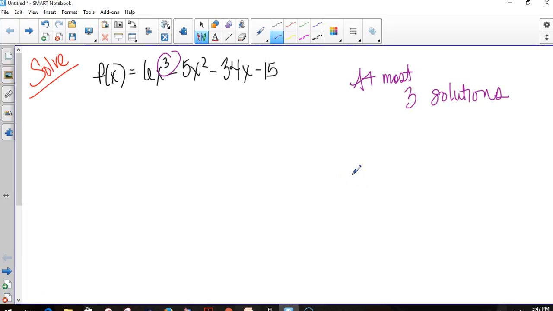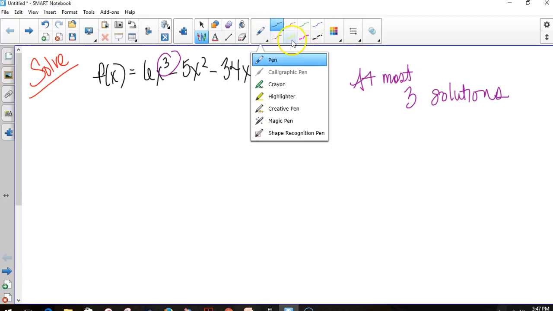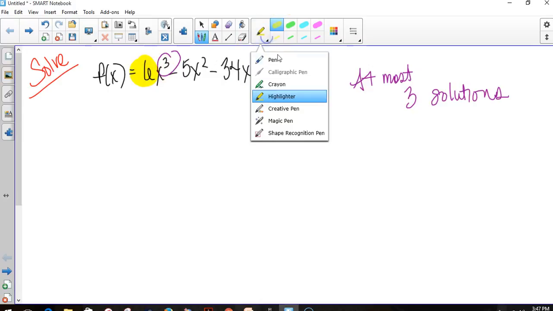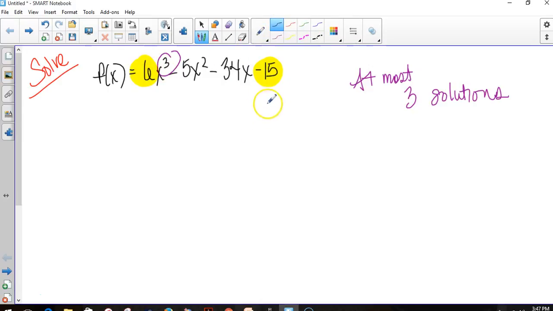So if we want to start the process of solving this polynomial, we're going to use something called the rational root theorem. And what the rational root theorem says, if you take all of the factors of your constant and all of the factors of the leading coefficient. So my factors of 15 are 1 and 15, 3 and 5. 6 is going to be 1 and 6, and 2 and 3.